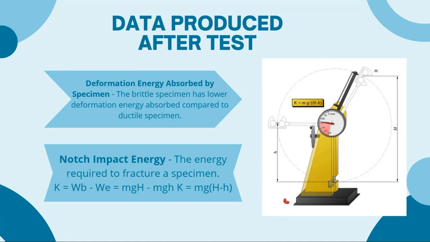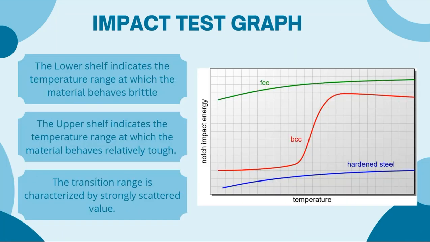Now moving to the next slide, the data produced by the test. The first one is deformation energy absorbed by the specimen, where the brittle specimen has lower deformation energy absorbed compared to ductile specimens. And the second one is notch impact energy, where the energy is required to fracture a specimen. And we'll move into the next slide, the impact test graph.